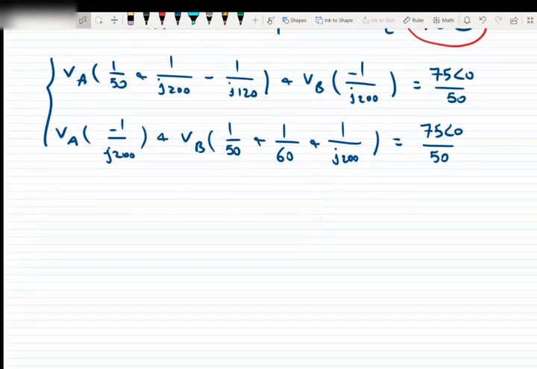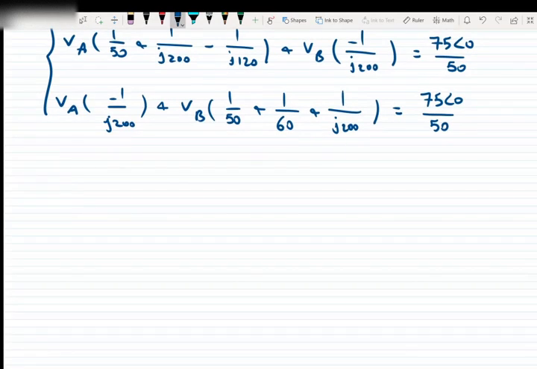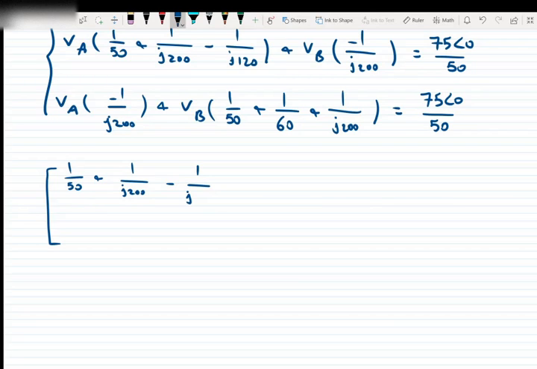Okay, now we put this in the matrix. In the matrix we will have 1 over 50 plus 1 over J200 plus or minus 1 over J120.